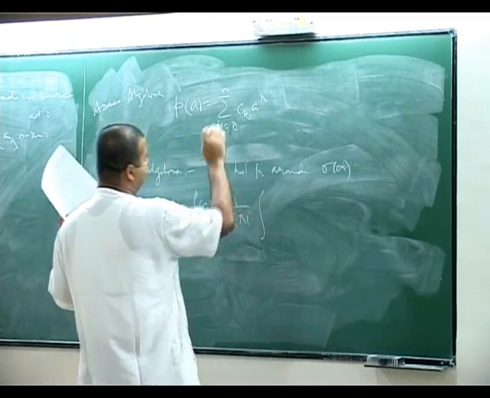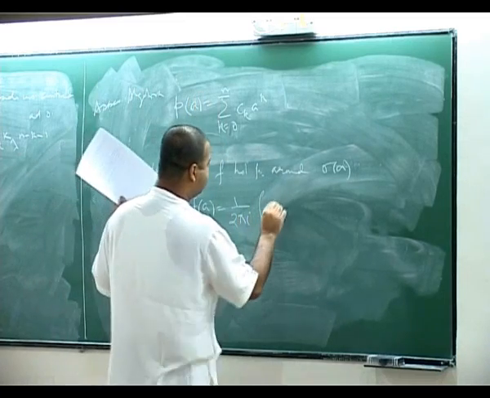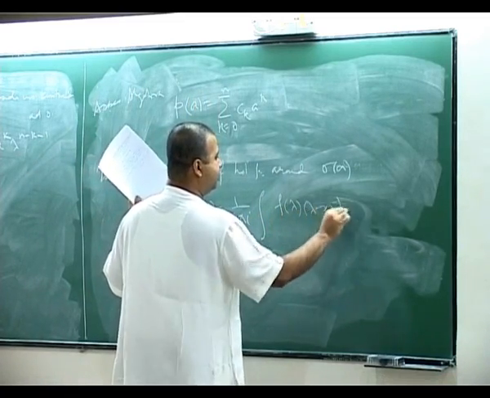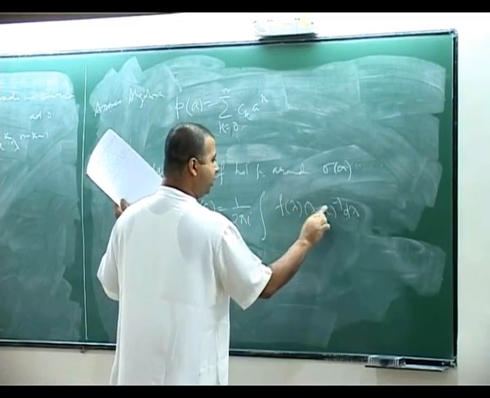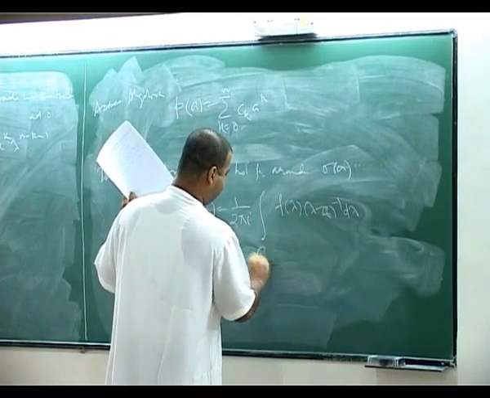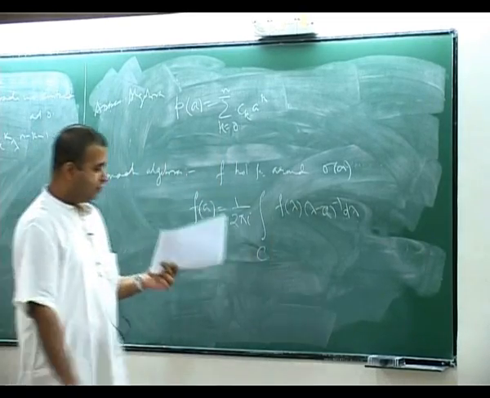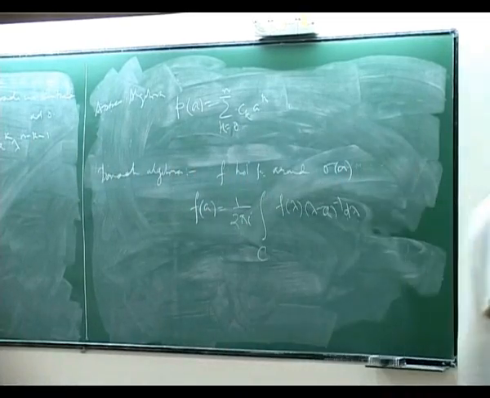That means that either you form by this prescription or this prescription you form the same object f(A). Yeah, that is the point of this, and this is quite useful.